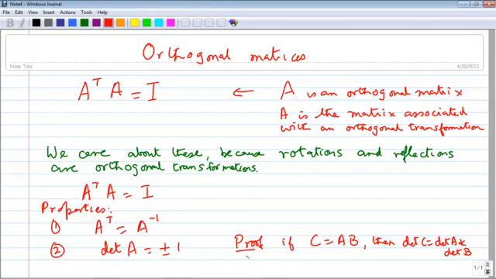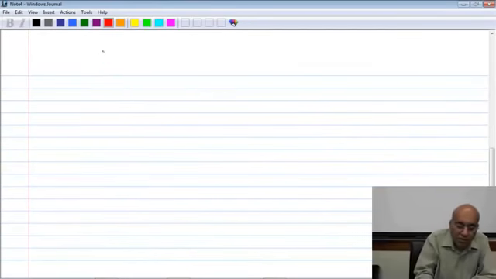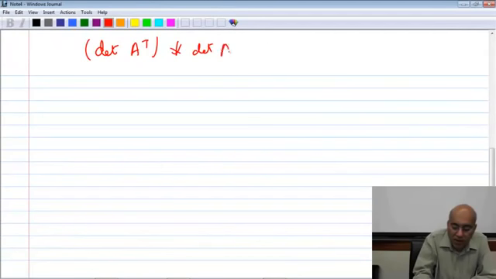So therefore, the determinant of A transposed times the determinant of A is going to be equal to 1.